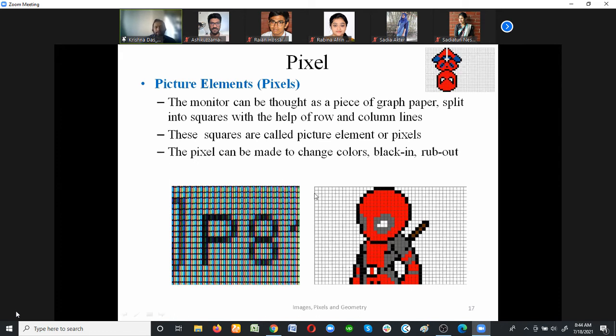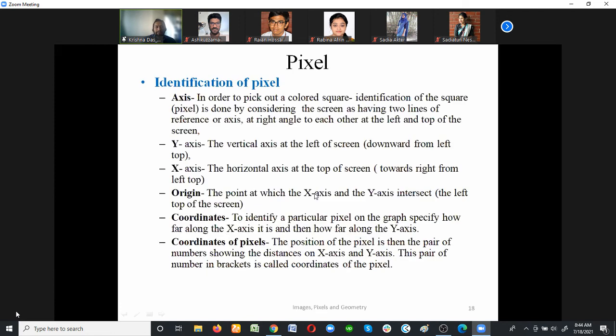Unlike the graph paper, where it is at the bottom, here you find it on the top. Then the coordinates, to identify a particular pixel on the graph, specify how far along the x-axis, and then how far along the y-axis. That is the coordinate.